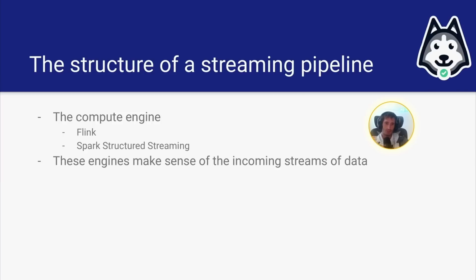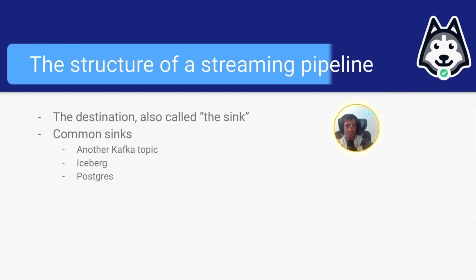Flink is very powerful in how it manages windows and sessionization and watermarking and out of order events. There are a lot of things that Flink does well that we're going to talk about in the next couple slides. But keep in mind, you have the source, then you have the compute, then you have the destination, which is where the data is going.